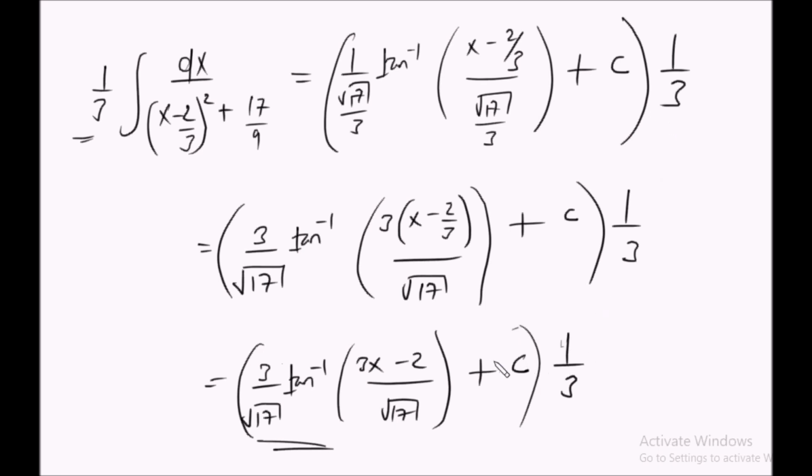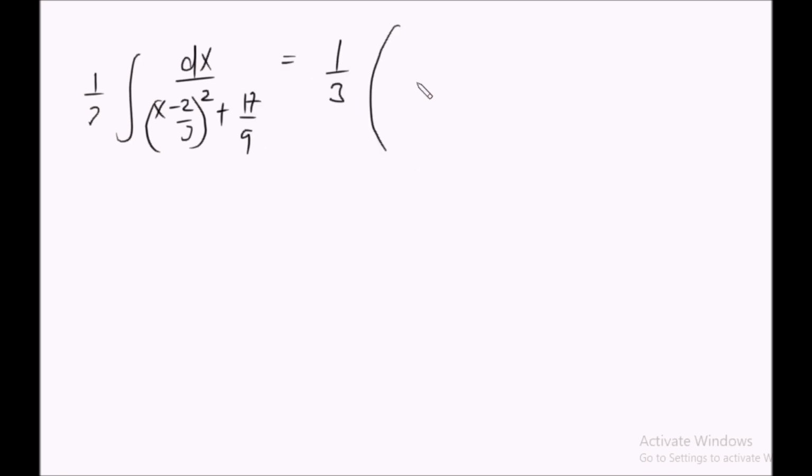So this now becomes 1 over 3 tumesema, dx, tumesema hivi squared plus 17 over 9, itakuwa ni hiyo 1 over 3. Sasa sijaisahau, you see. So hapa tumesema nitakuwa na 3 over the square root of 17 tan inverse.